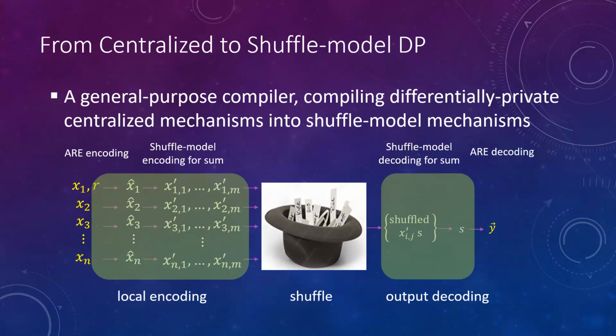All in all, you have local processing followed by shuffling, followed by decoding, followed by getting the output of the function, and the output of the function is the differentially private mechanism. So you get differential privacy in the shuffle model for every function. Now that's the non-robust version of it, where you only want the output to be indistinguishable and only want the output to not reveal more information.